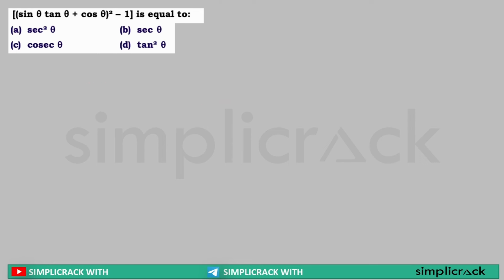Sin theta into tan theta plus cos theta, whole square, minus 1 is equal to what? Now, in such cases, you will take theta is equal to 45 degrees.